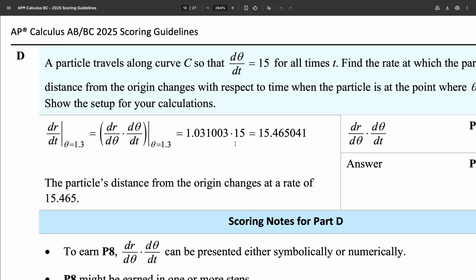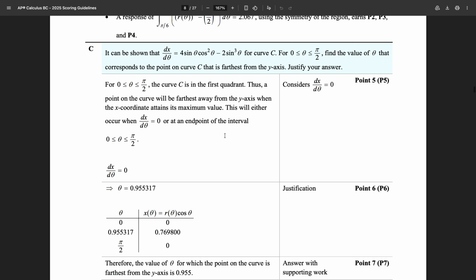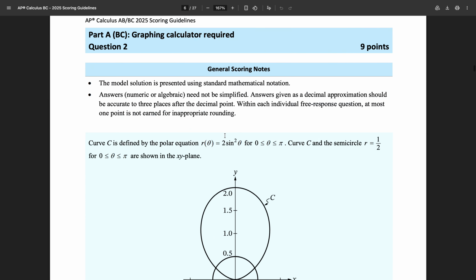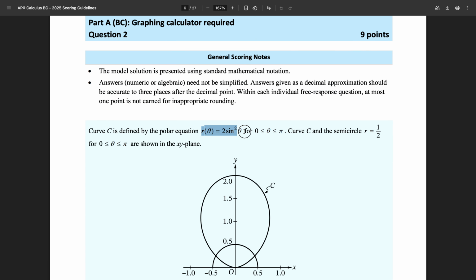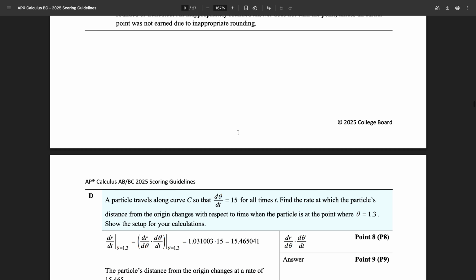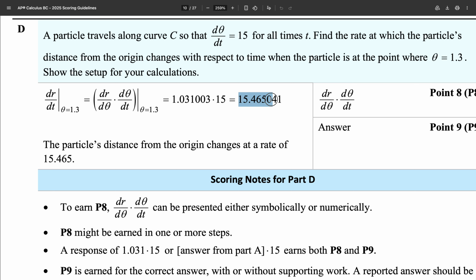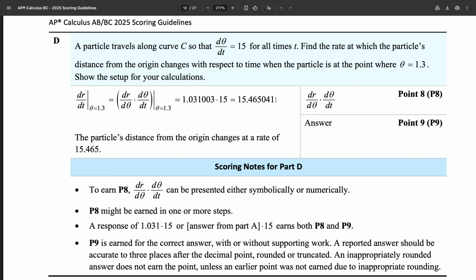So 15 times dr/d theta, which you could have found because they gave you r of theta in the original problem. Like I said, we're not going to go deep into this, but that's what that means there. And then, because this is 15.465, this tells me that we are moving away from the origin, so the radius is getting bigger.